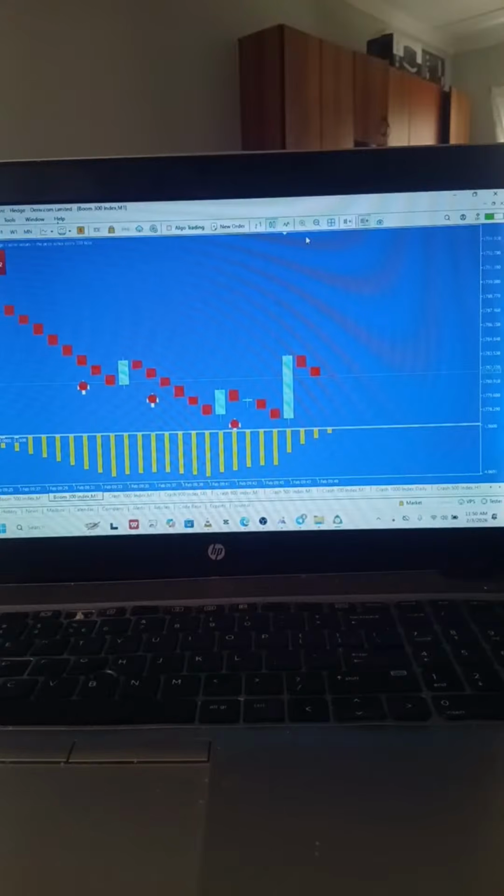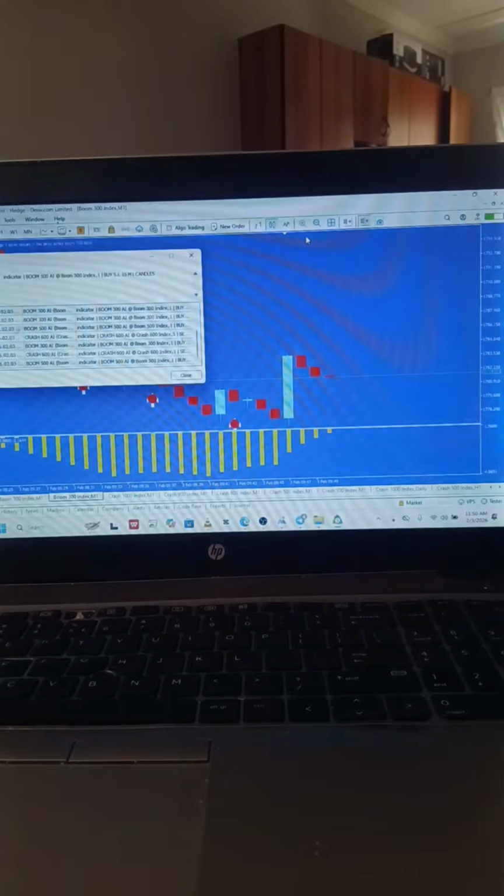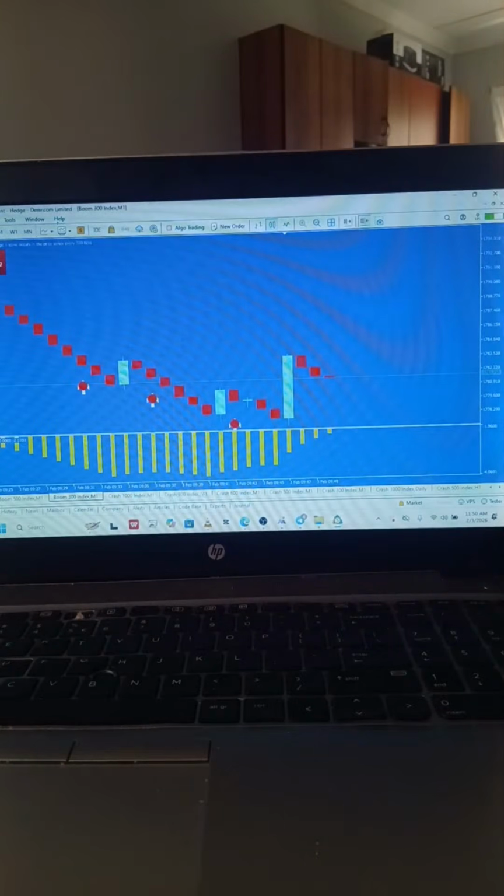Seems like it's not gonna spike. I think boom 500 is moving well. This one is very stubborn.